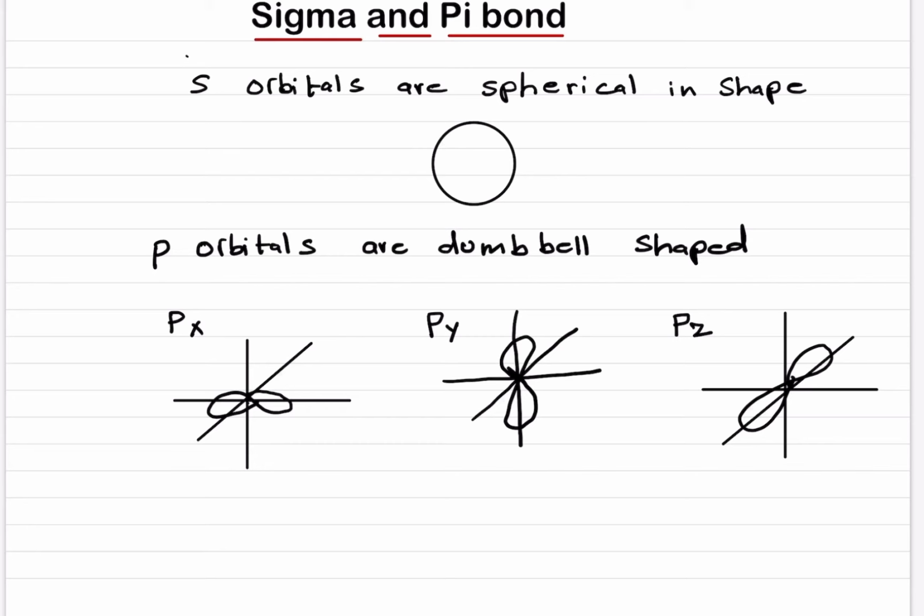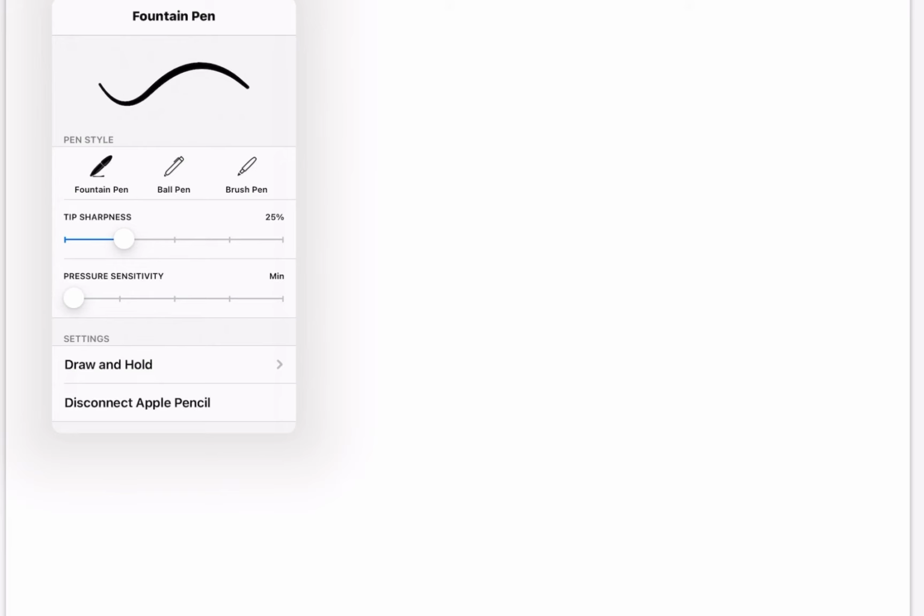Now when we talk about the sigma and the pi bond, first let's define what a sigma bond is, and then we can explain how they are formed also. So sigma bonds, and we can write like this, sigma.